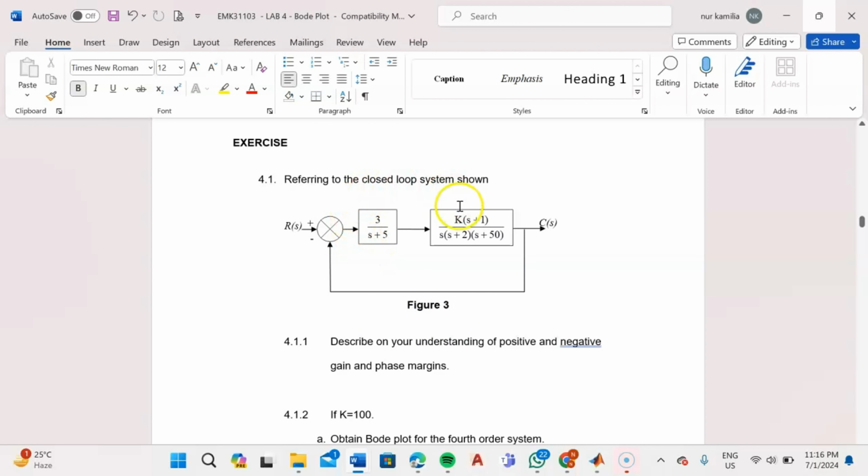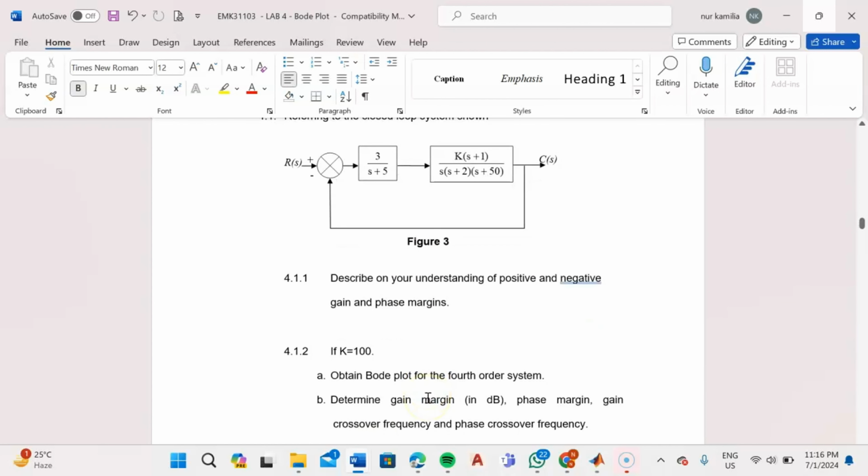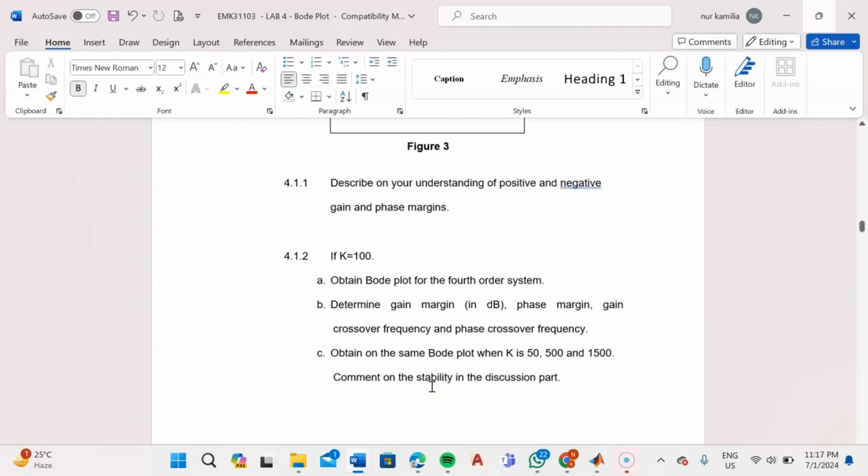Calculate the transfer function using this circuit, Figure 3, and then after you are done calculating, by using MATLAB software, we complete this task 4.1.2.